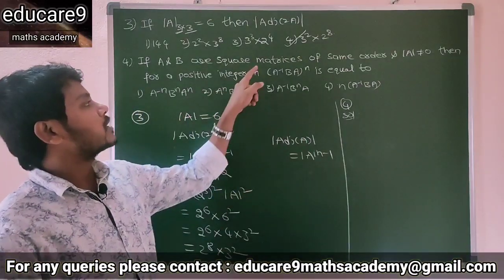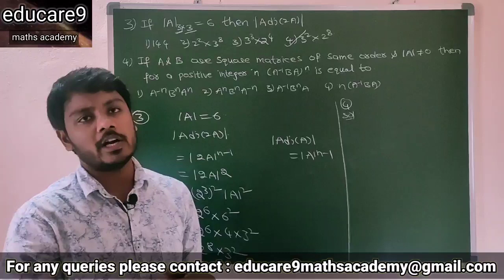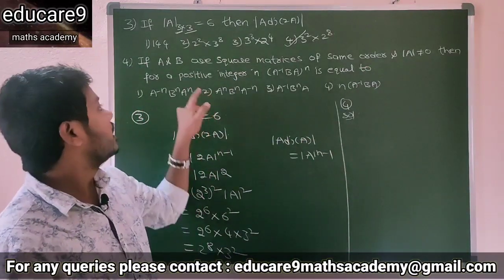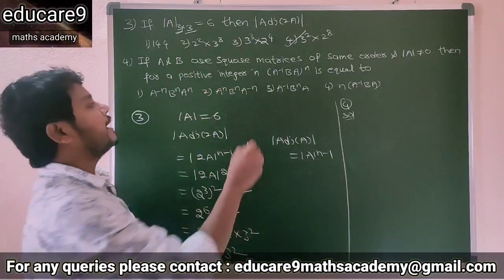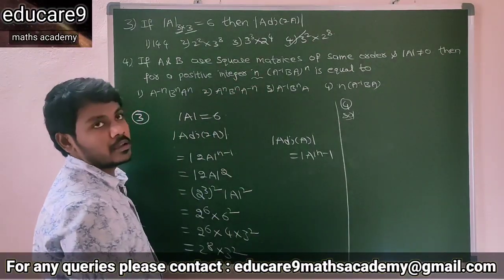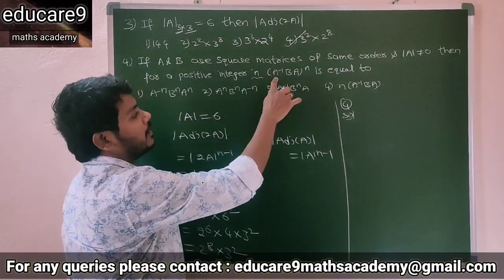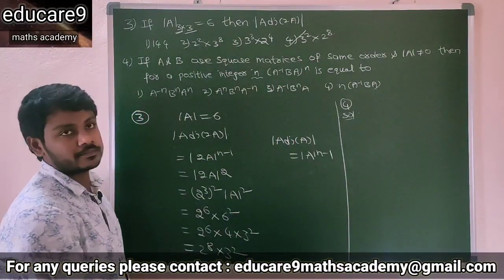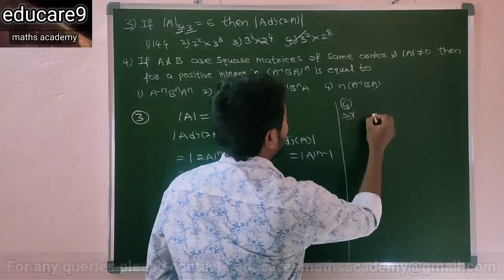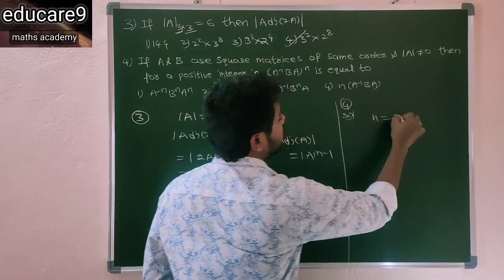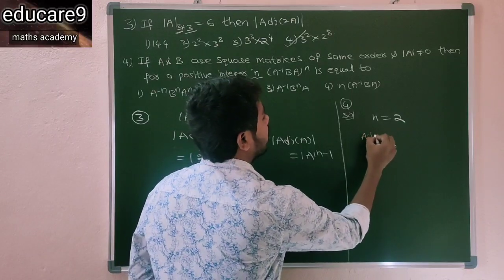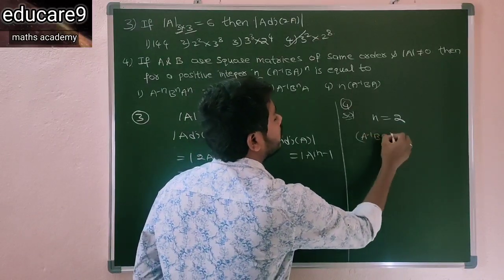See the next one. Here A and B are square matrices of the same order and determinant of A is not equal to 0. Then for a positive integer n, A inverse BA whole to the power of n is equal to what? So here first put n equal to 2. So what you get? A inverse BA whole to the power of 2.